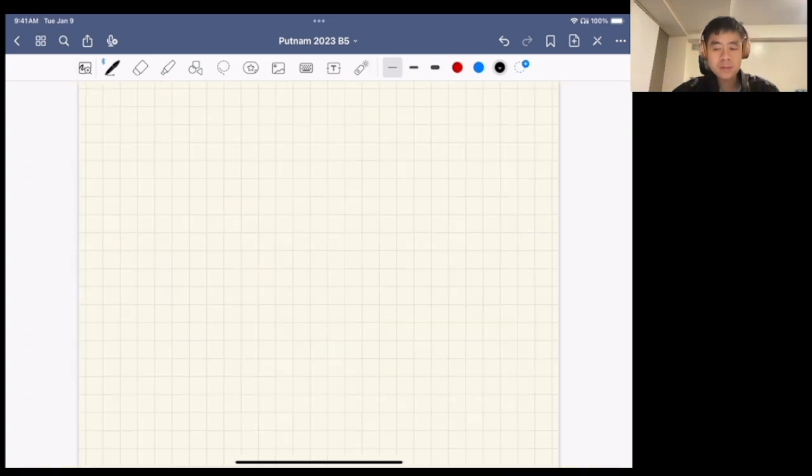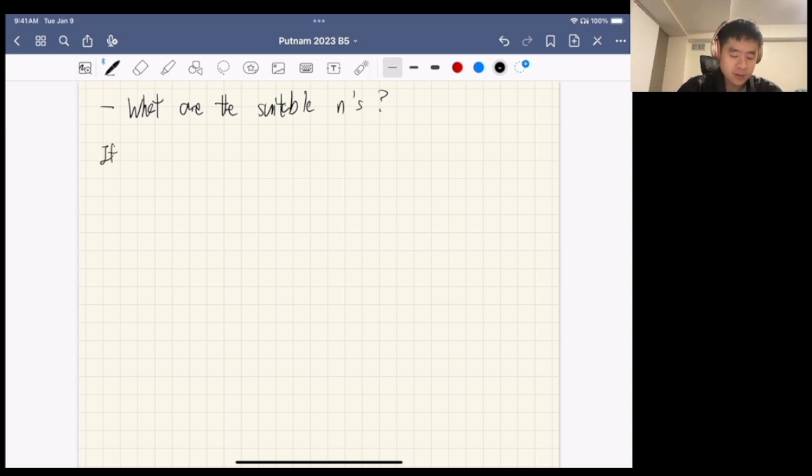Okay. So now we talk about what are the suitable n's. In order to do that, if we want to try manually, we have to try all m such that m is relatively prime to n. So for example, if n equals 1, then the only thing that we can try is m equals 1, right?